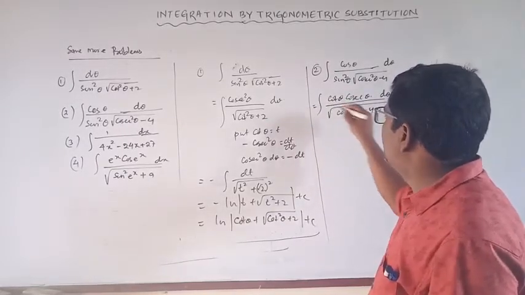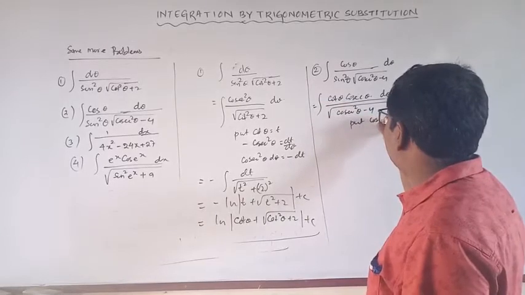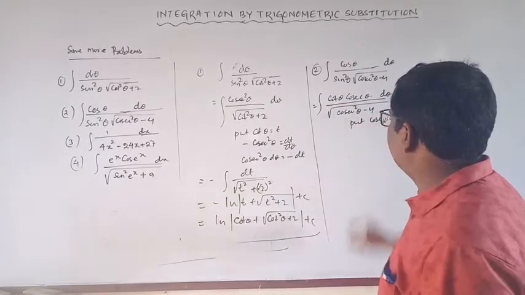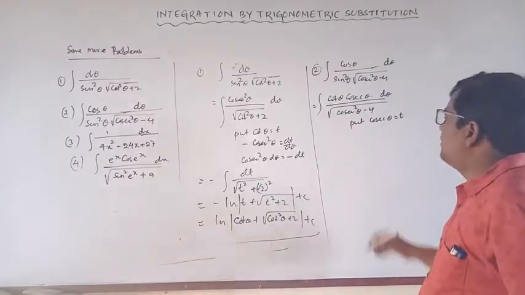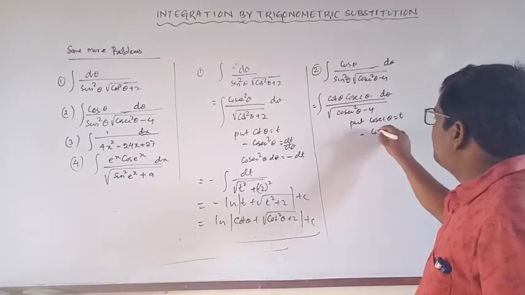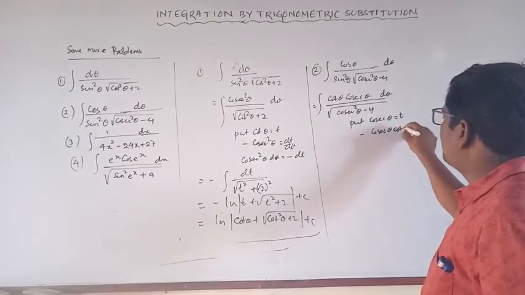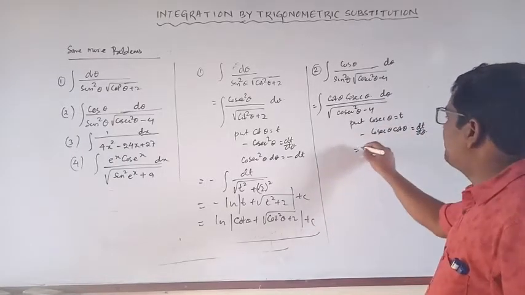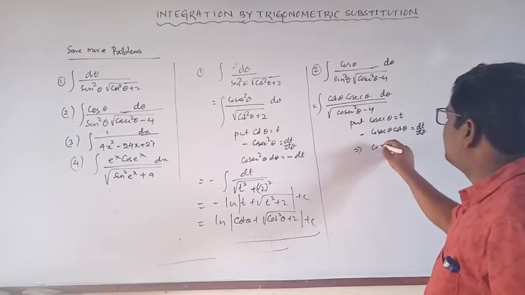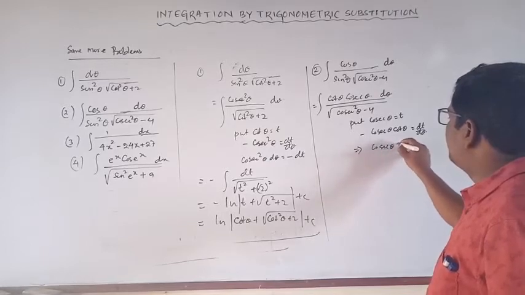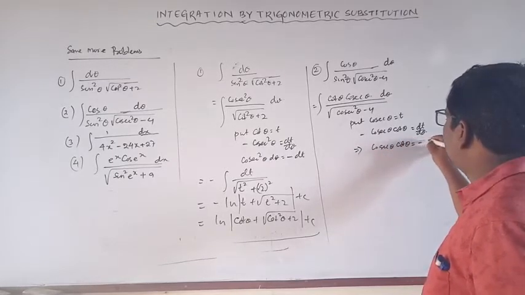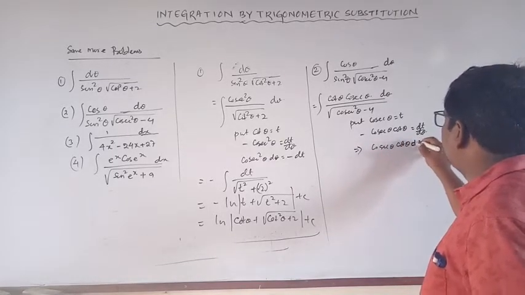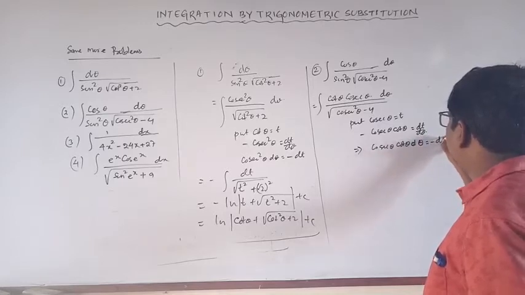Put cosec theta equal to t. So the derivative of cosec theta, minus cosec theta into cot theta, is equal to dt by d theta. That implies cosec theta cot theta d theta is equal to minus dt.